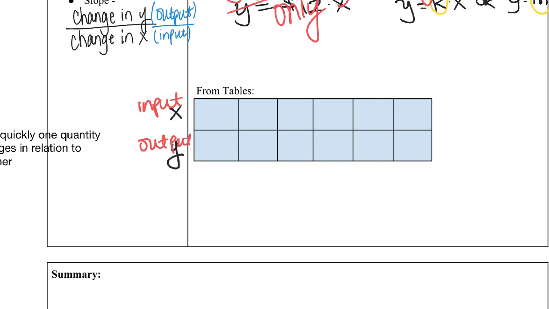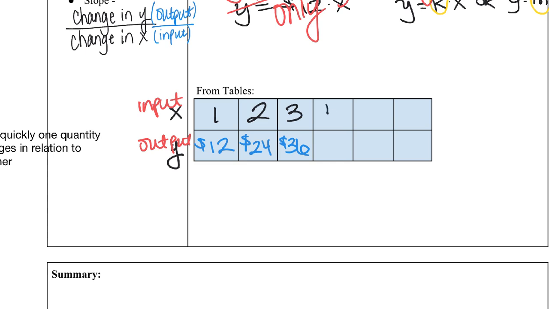If one person walks into that movie theater, the movie theater makes $12. If 2 people come in, the movie theater is making $24. 3 people walk in, the movie theater is making $36 because the rate of change is $12.